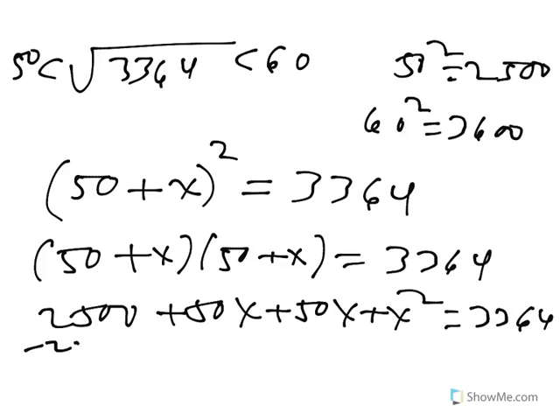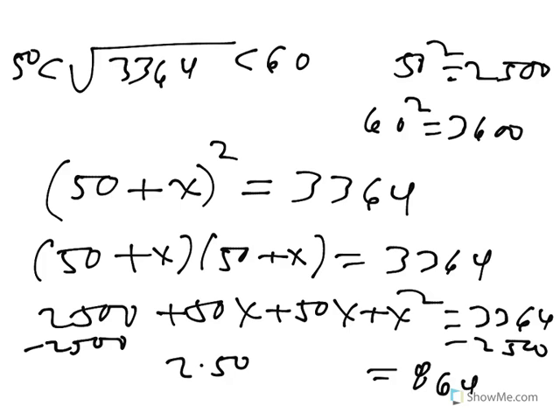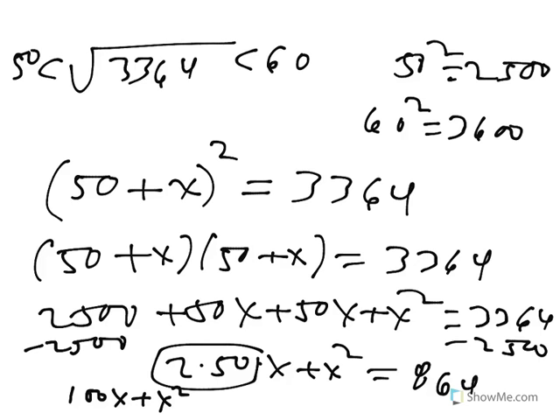If you subtract 2500 from both sides, you get 864 equals 2 times 50 times x plus x squared. Notice the 2 times 50 there? That becomes 100x plus x squared is equal to 864.